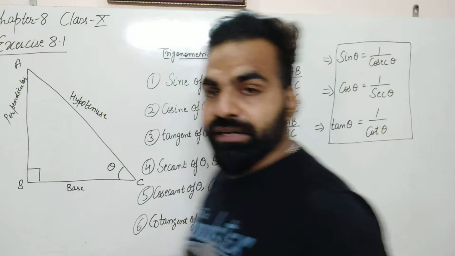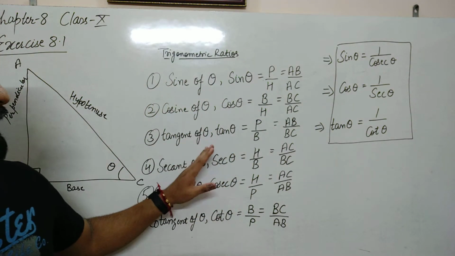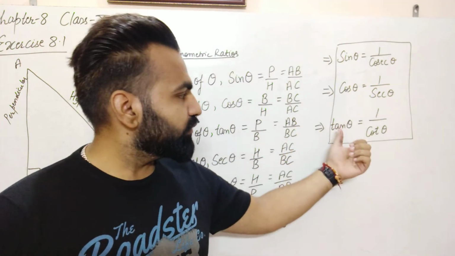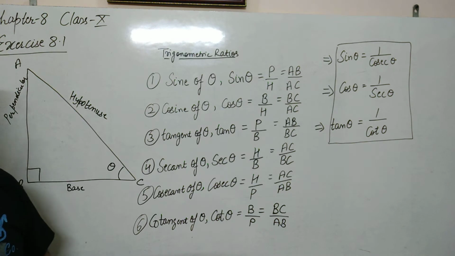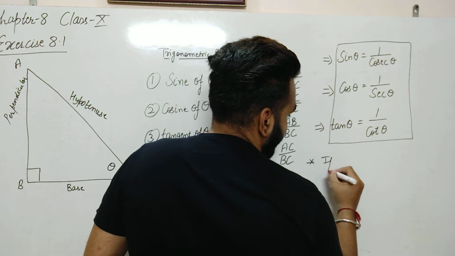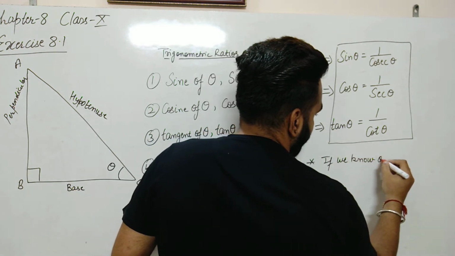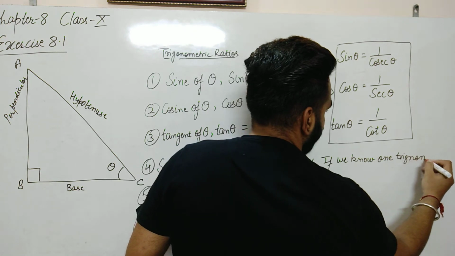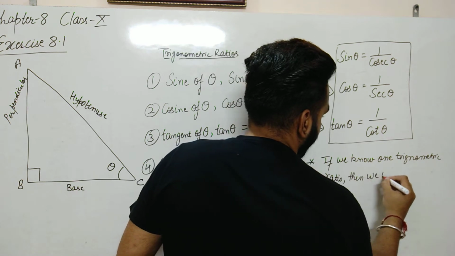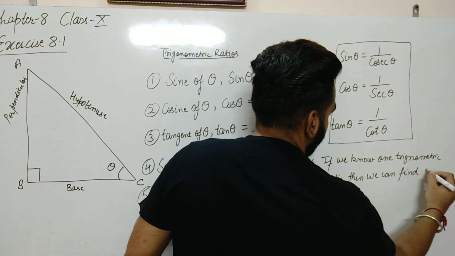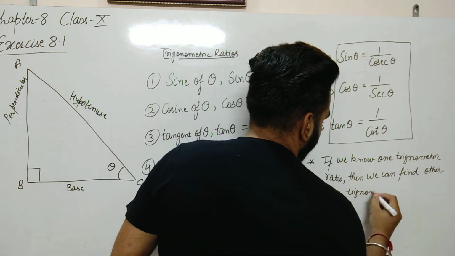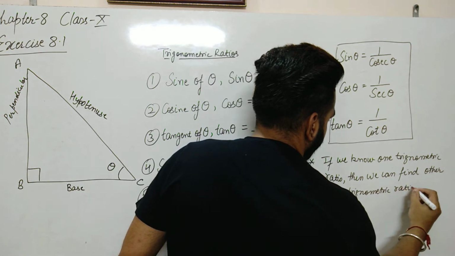So these are 6 trigonometric ratios. So using this we can see that sin and cosecant are reciprocal of each other, cos and secant are reciprocal of each other, and similarly tan and cot are reciprocal of each other. From here there is an important statement that if we know one trigonometric ratio, then we can find the other 5 trigonometric ratios.